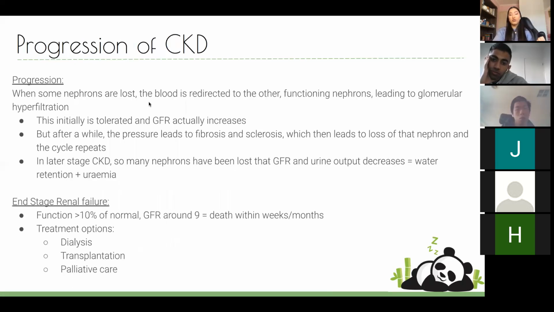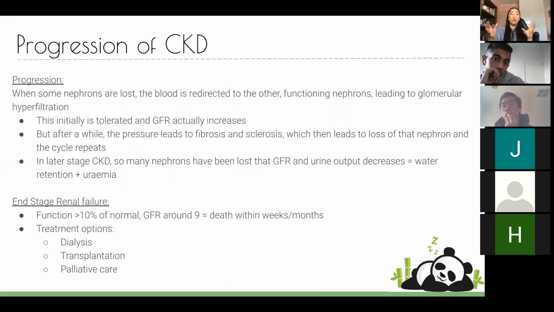Okay. Progression. So the problem with CKD is that it is progressive. Once you lose some nephrons, you eventually get damage to all the others. What happens is the kidney tries to compensate initially by redirecting blood to the functional nephrons, right? It's kind of like VQ matching in the lungs. When there's a problem somewhere, your body tries to redirect flow to the other healthy functioning areas. So your blood is redirected to the functional nephrons, and you get hyperfiltration in those nephrons.